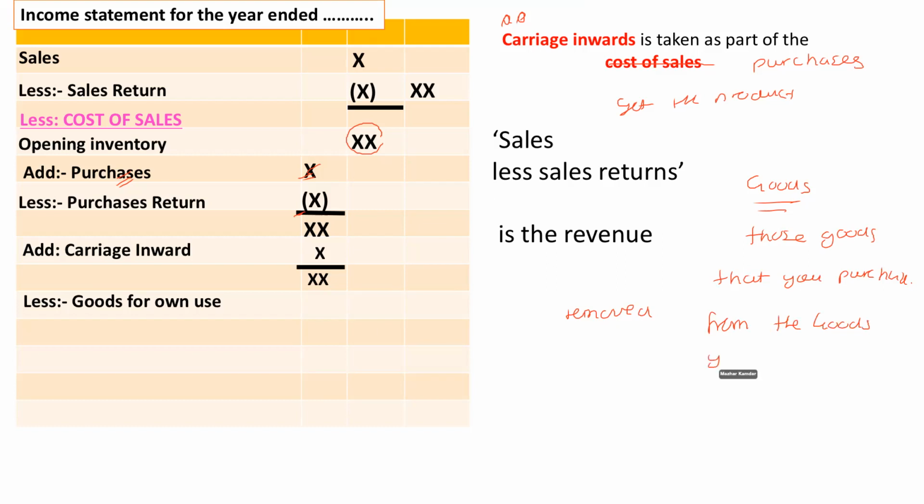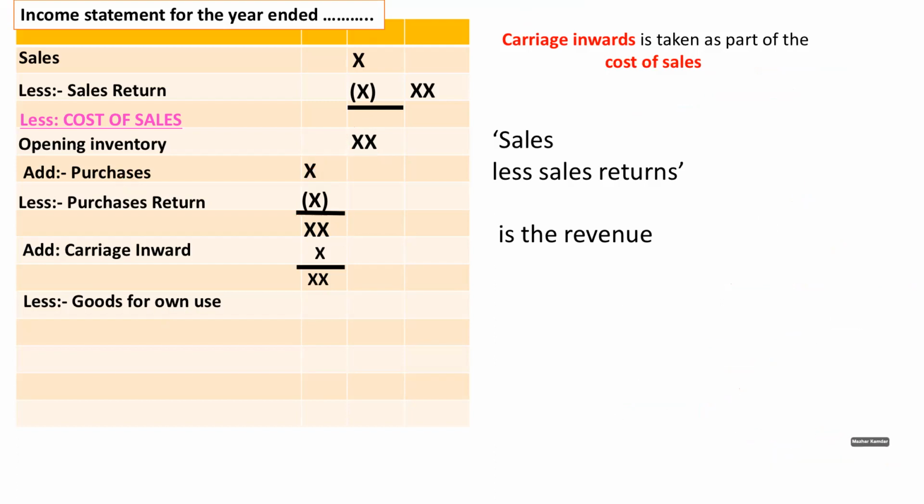So could you give me the entry for goods for own use? It is also referred to as drawings. Drawings is removed from purchases. So purchases is credited and drawings would be debited.